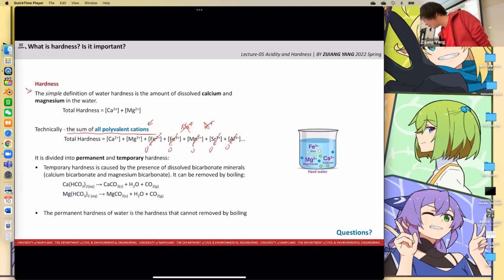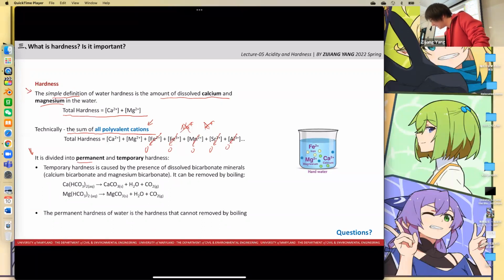So the simple definition of water hardness is the amount of dissolved calcium and magnesium in the water. So the total hardness can be expressed as this one. And the total hardness can also be divided into two parts.